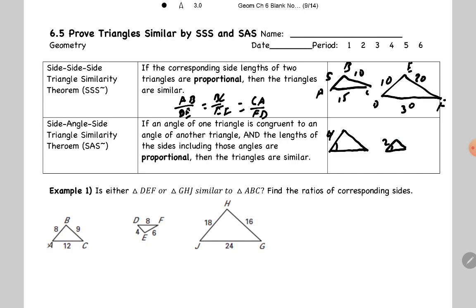Let's have this be 2. Let's have this be 8, and then have that be 4. So these would be similar because the two sides are proportional to each other, and the included angle, the angle in between, is congruent.